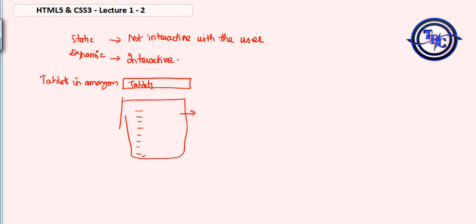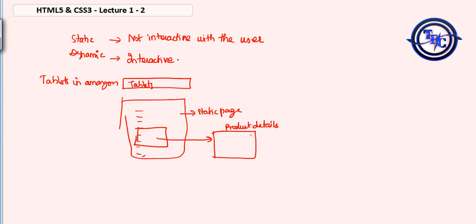So this page is called a static page. But when the user wants to buy one tablet and clicks on this item, it will take to the next page where it will give the product details and the price, everything, whether it is available in the market, everything.